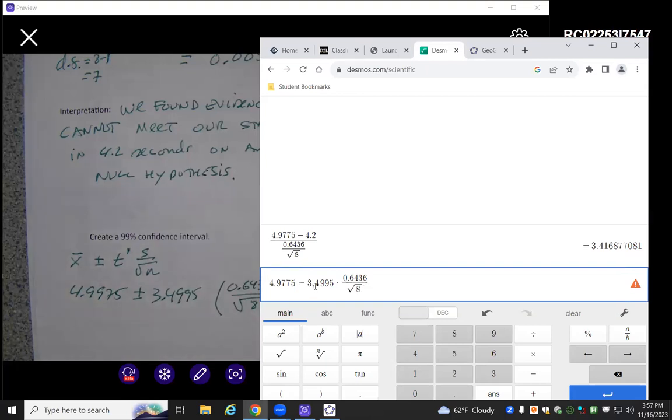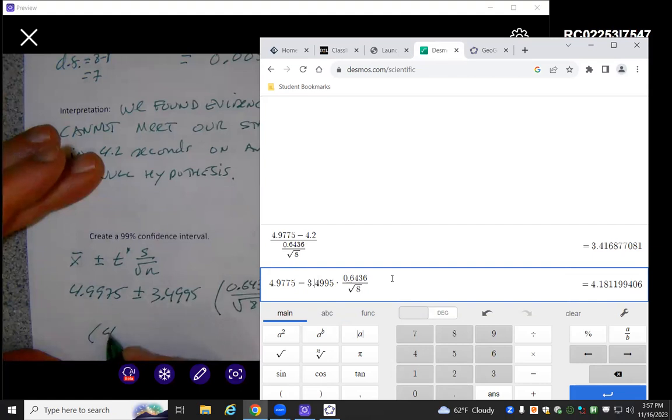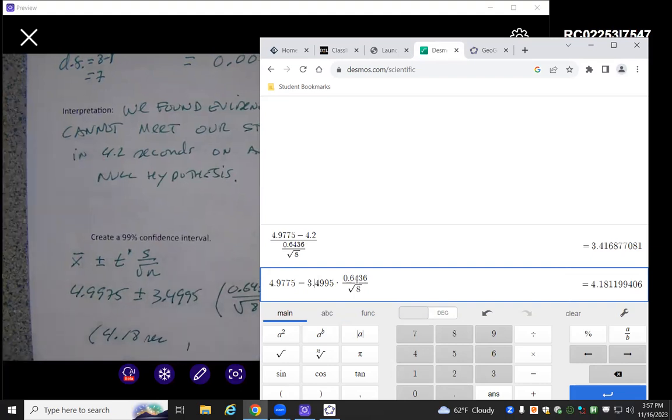All right, so I get my lower value, and I'm going to approximate this, and my upper value.